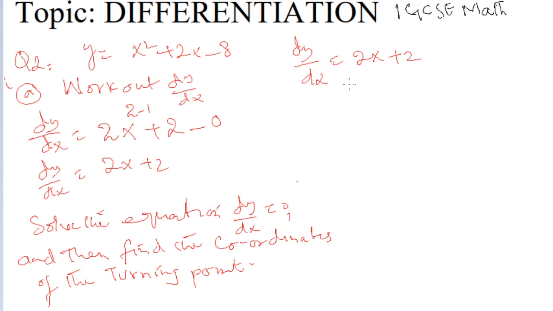For turning point, they say solve dy dx equal to 0. So 2x plus 2 equal to 0, because you know the value of dy dx is 2x plus 2.